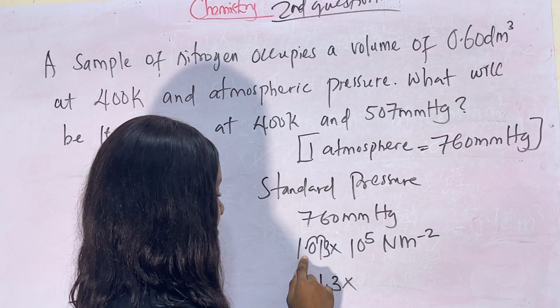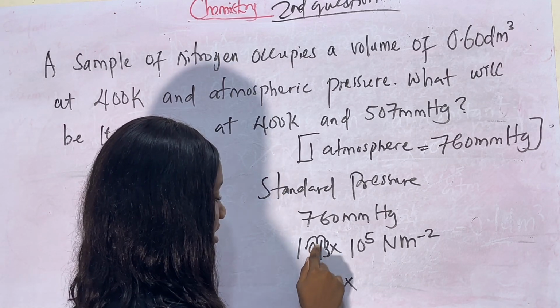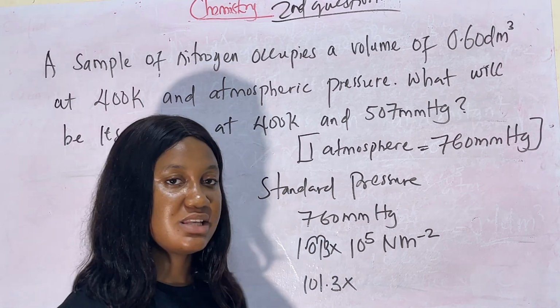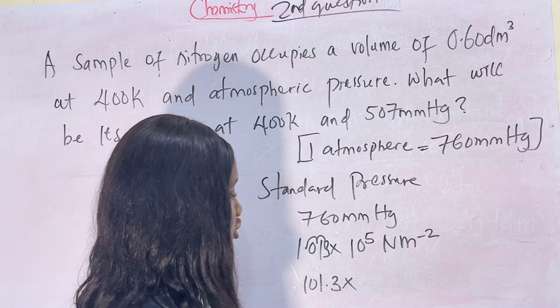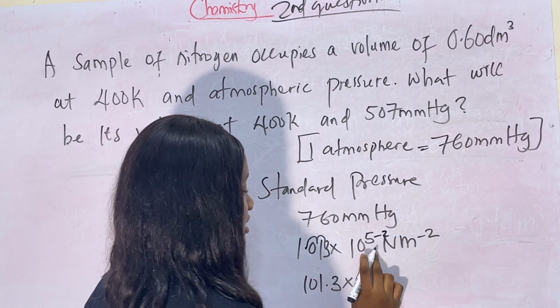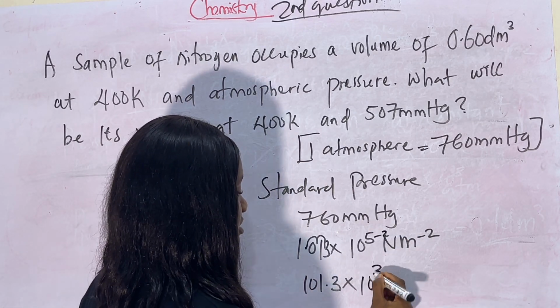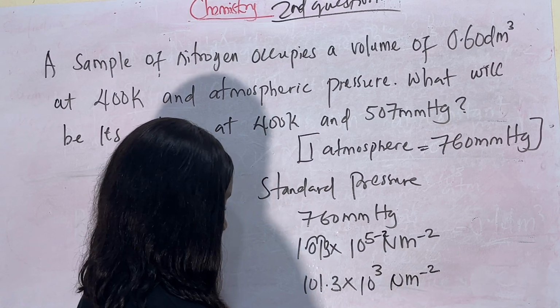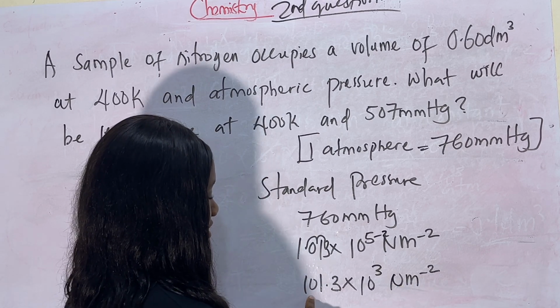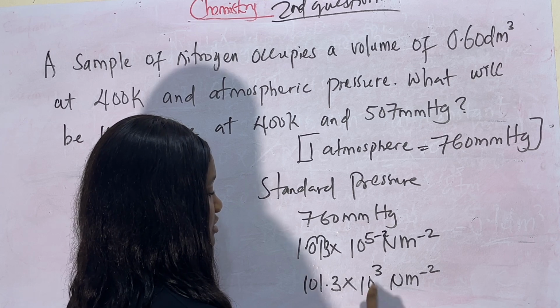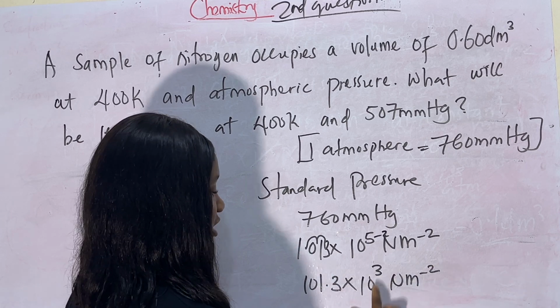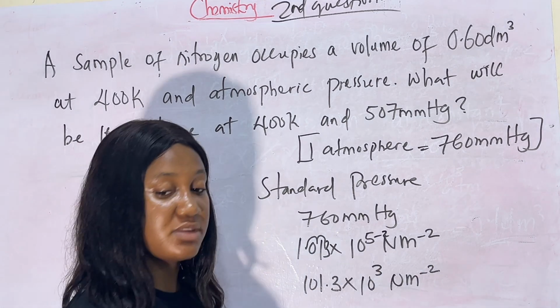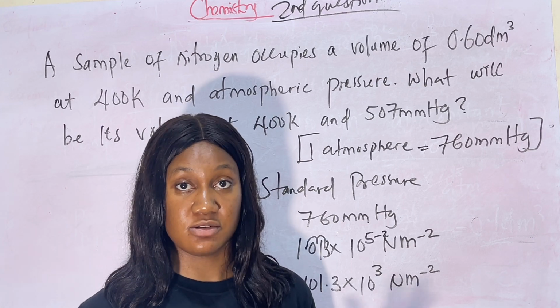Now I move this decimal point to here and then to here. I move this decimal point twice, so I'm going to subtract 2 from the power. I'm going to have 10 raised to the power of 3 Newton per meter square. 101.3 times 10 raised to the power of 3 Newton per meter square. Now, this 10 raised to the power of 3 represents 1000, right?